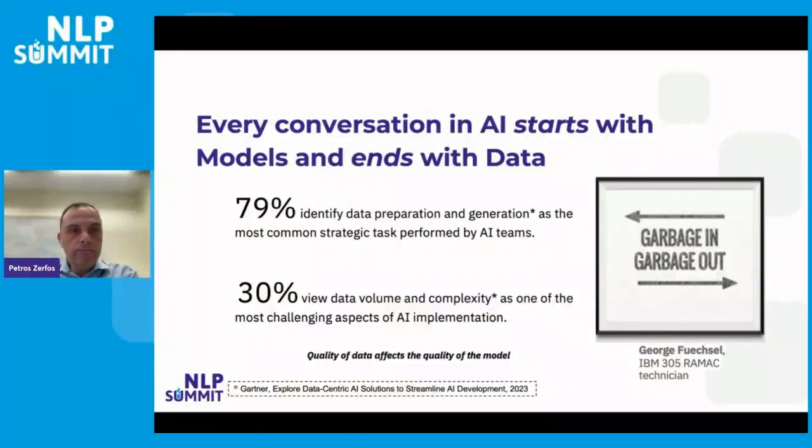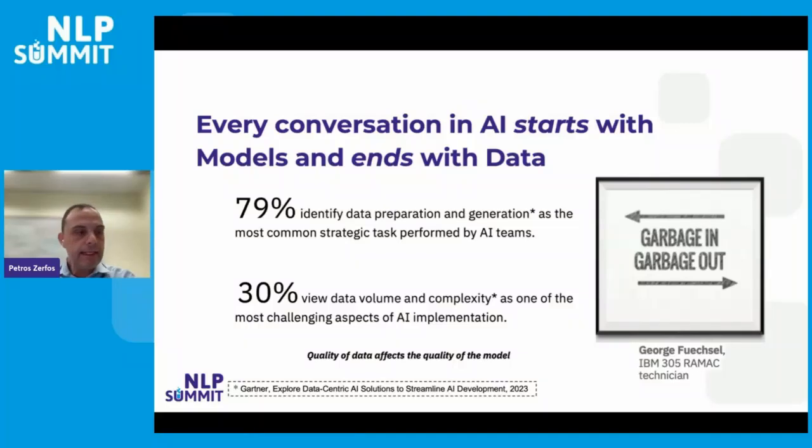Furthermore, 30% of those participants view the data volume and complexity as one of the most challenging aspects of implementing applications in AI. So quality of data does affect the quality of the model. That's understood pretty much by everyone.